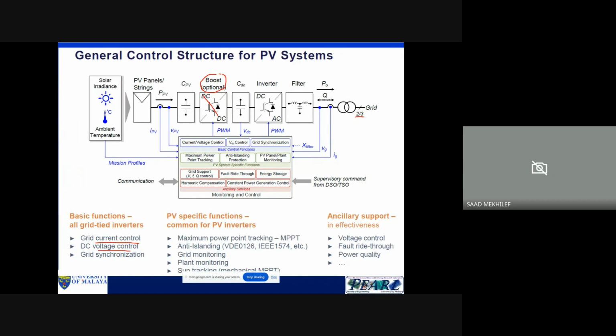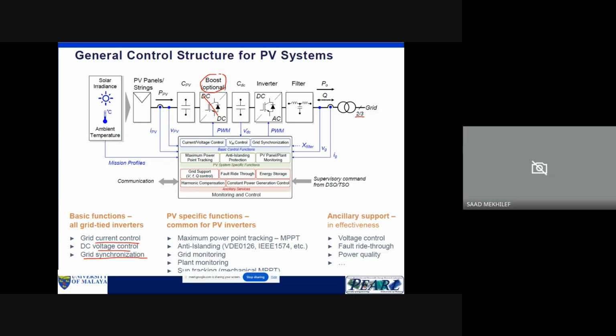DC voltage control. Grid synchronization. That is the basics and the minimum to have from a grid connected system: current control, DC bus control.